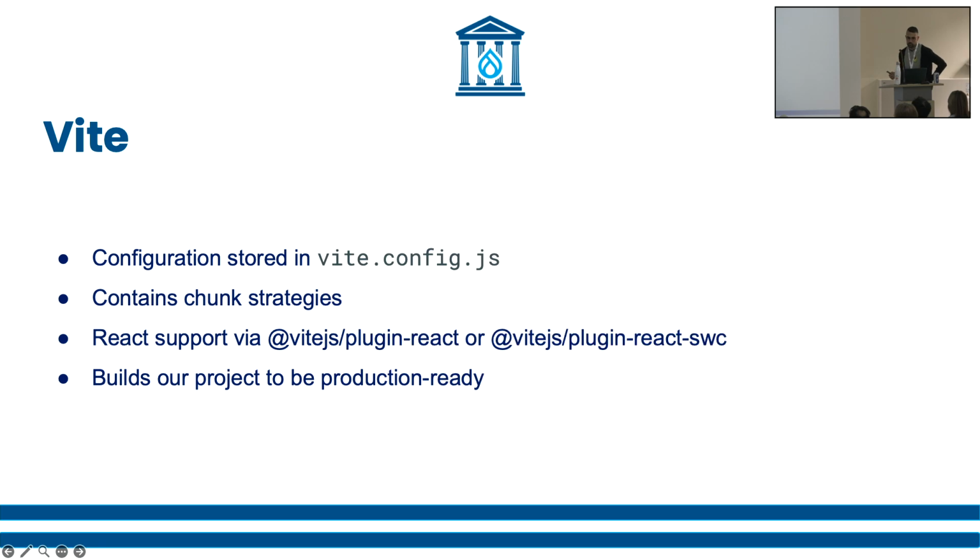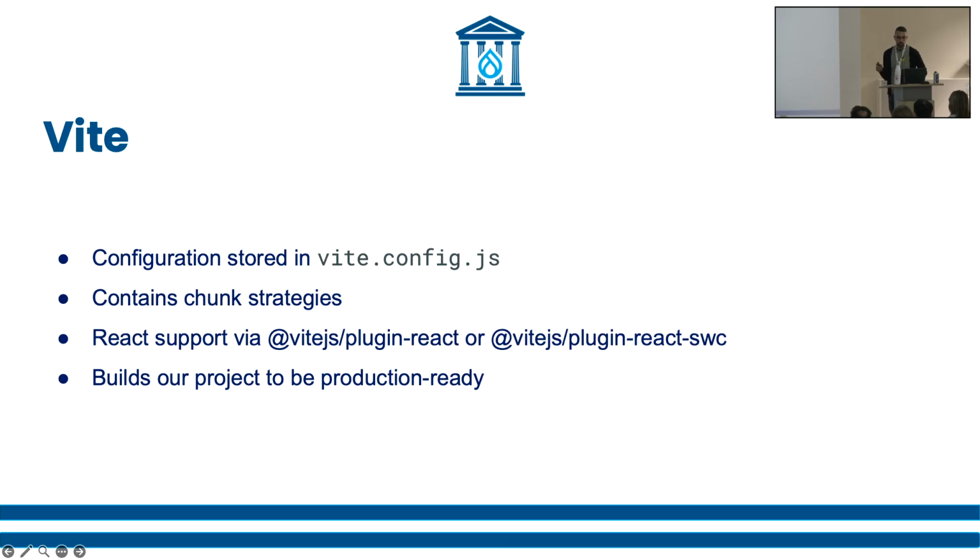So now we can talk about Vite. Vite is our build tool. Its configuration lives in the vite.config.js, where we define everything about how our project gets built, including chunk strategies, which control how the final JavaScript files are grouped for production.